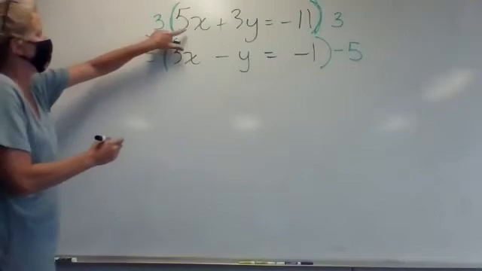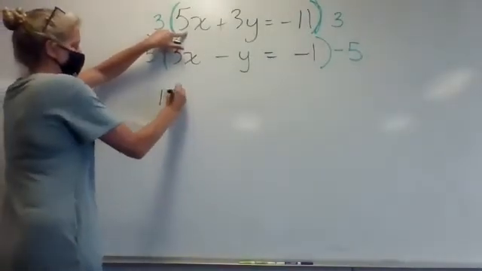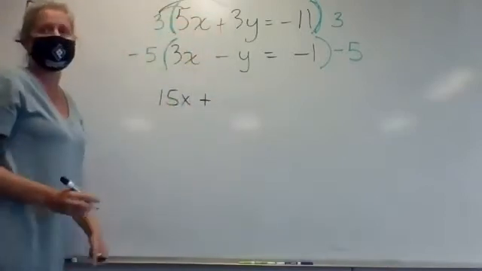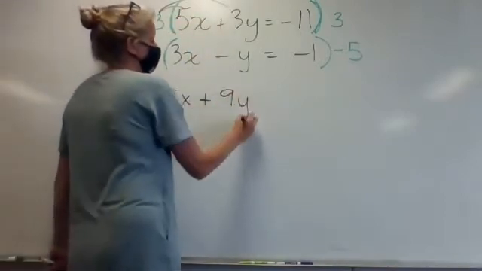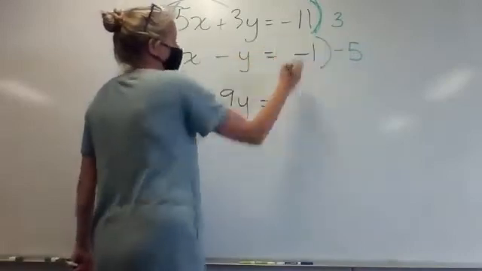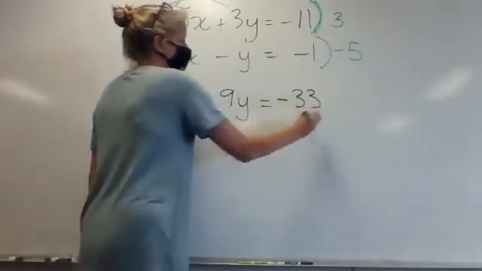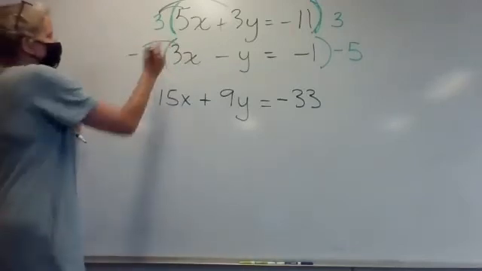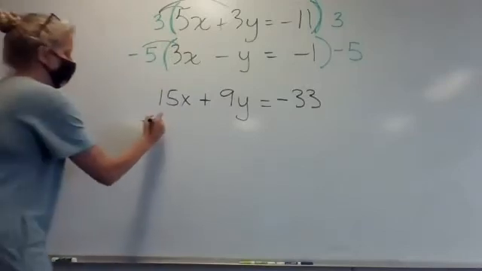So let's see up here, 3 times 5 gives me 15x plus 3 times 3 gives me 9y equals 3 times -11 is -33. Then do the bottom one. -5 times 3 is -15x.